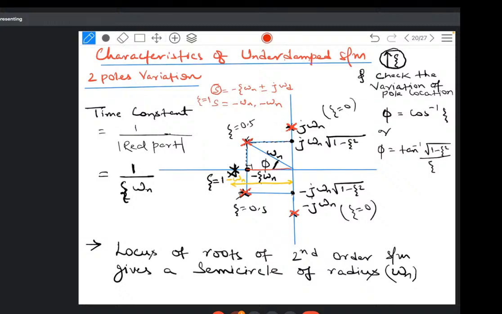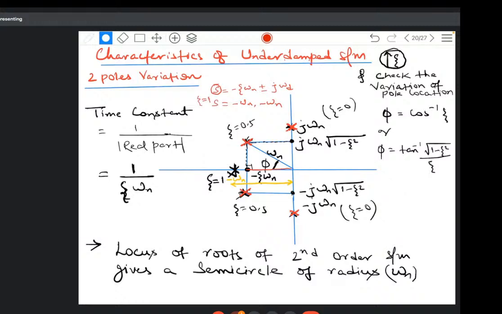Okay. Now when you increase the value of zeta above 1, it becomes overdamped. Overdamped means the poles will be on the real axis only, because no oscillation is there, so no imaginary term will be there. So poles are real only, but they are real and unequal, that is real and distinct.